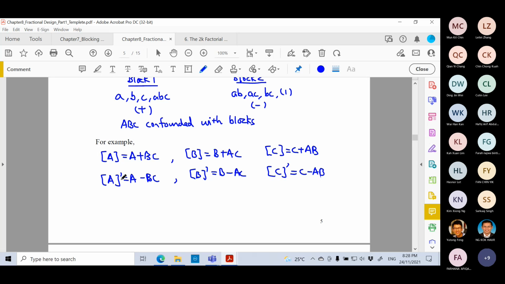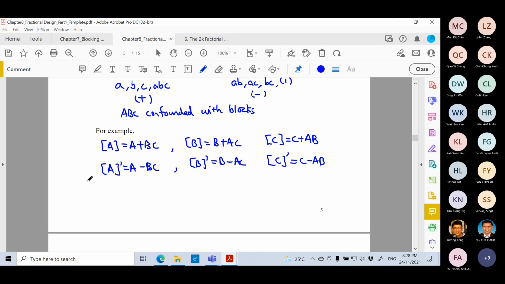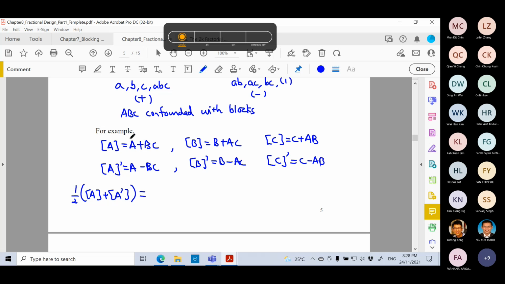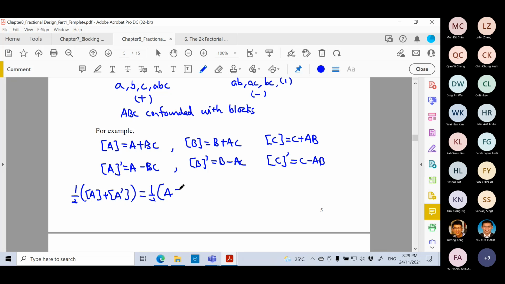So if you consider the average value of these two, if you run the first half and the other half, your average value will be A. Then they will go back to the factor A. Okay.